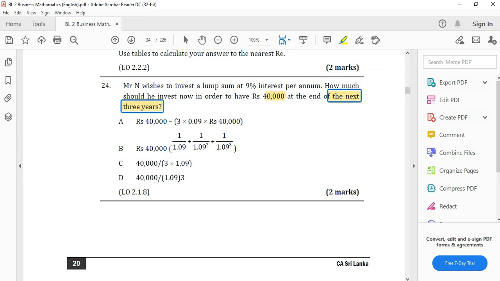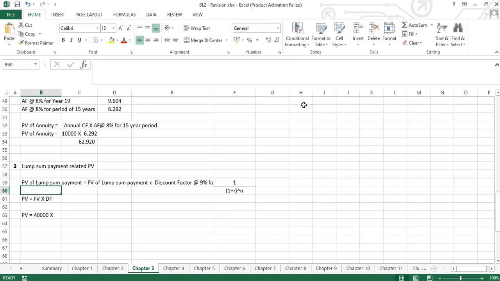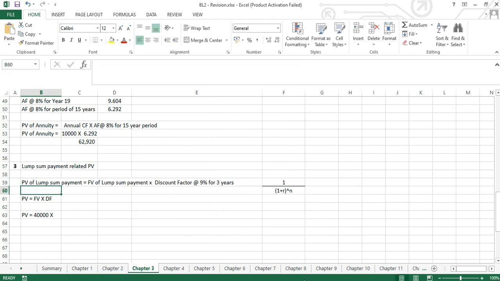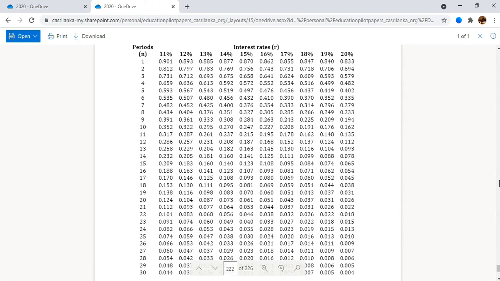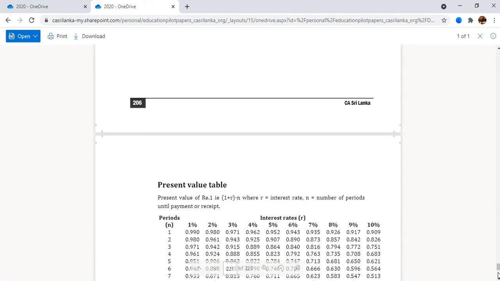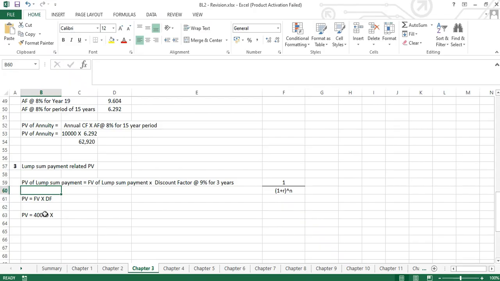So you need to find for 3 years. So 9% for 3 years, if you go to your present value table, 9% for the third year, 0.772. Multiply 40,000 by 0.772. The answer will be 30,880.